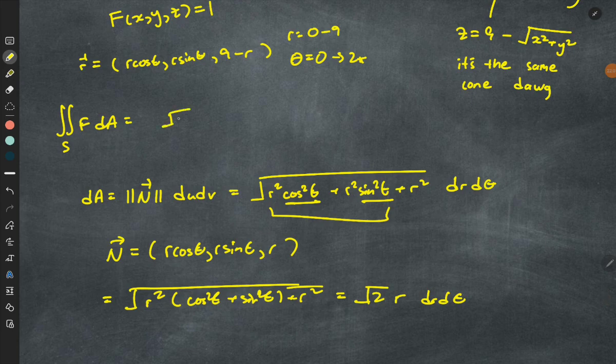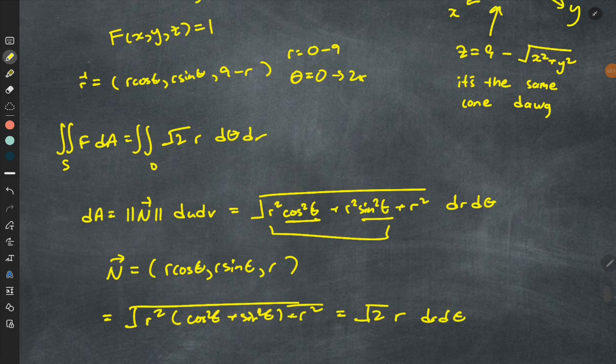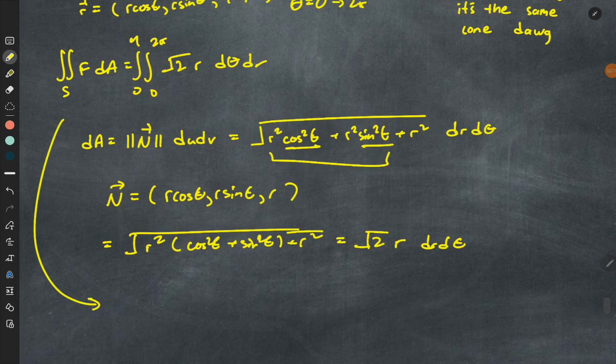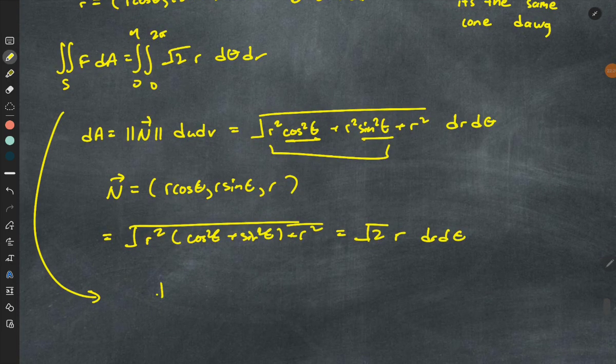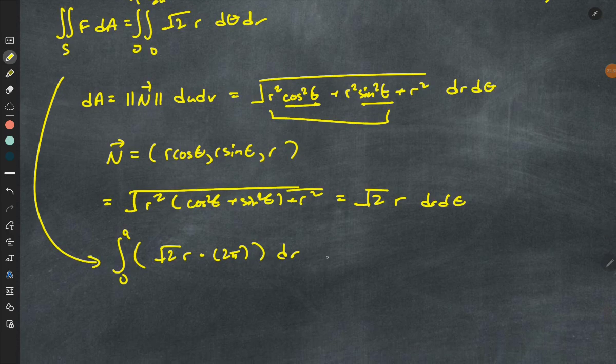Okay, now we can start working on our surface integral. Theta goes from 0 to 2 pi, r goes from 0 to 9. There aren't any theta terms, so we can just plug it in like this. dr goes from 0 to 9.